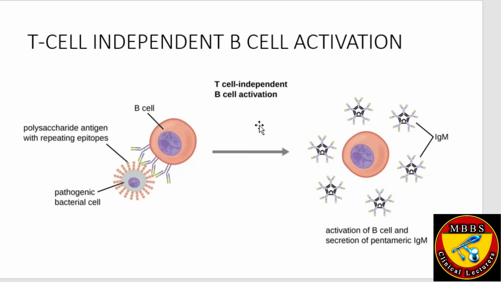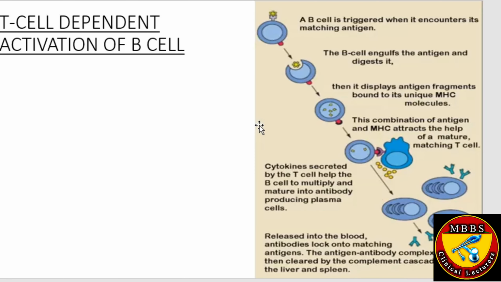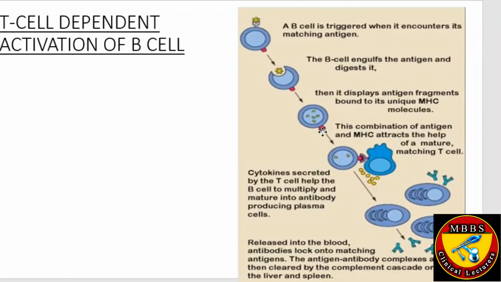The other mode of B cell activation is T cell dependent activation. What happens in T cell dependent activation of the B cell? A B cell is triggered when it encounters its matching antigen. The B cell then engulfs this antigen and displays the antigen fragment bound to its unique MHC molecule. This combination of antigen and MHC attracts the specific T cells.